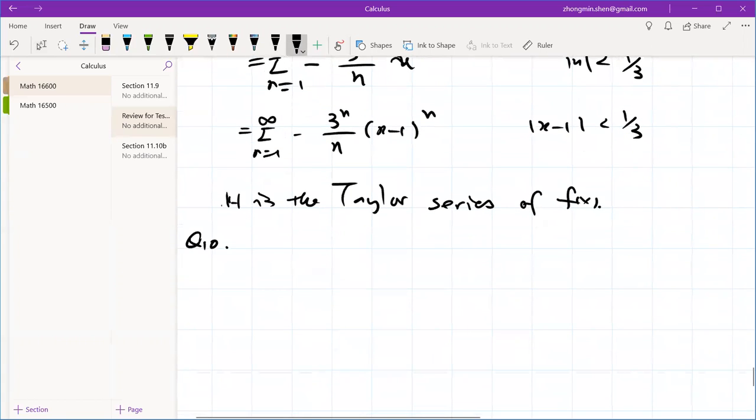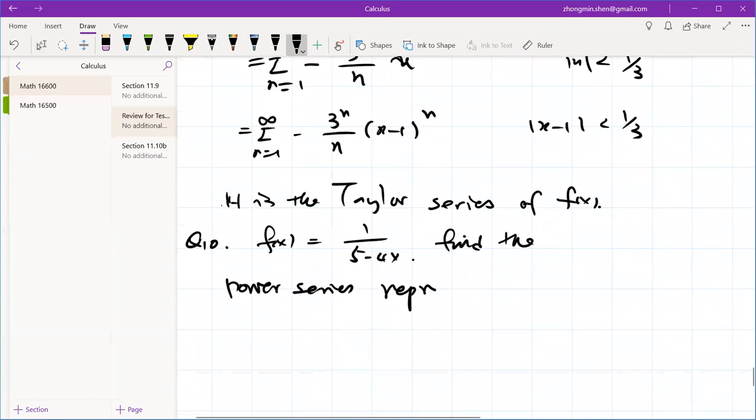It's the same problem, f of x equals natural log of 5 minus 4x. Find the power series representation in this form.